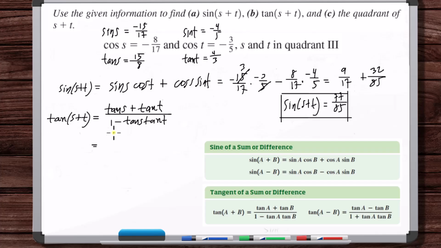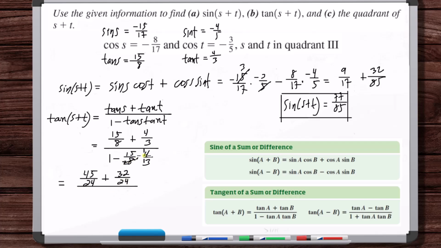So, okay, tangent s plus tangent t all over 1 minus tangent s times tangent t. Okay. So let's see. Common denominator is 24 here. So 3 over 3 times 15 over 8. That's 45 over 24 plus, now 8 times 4 is 32 over 24.